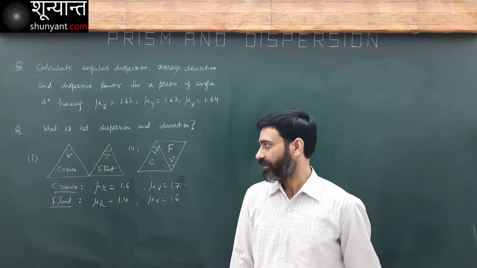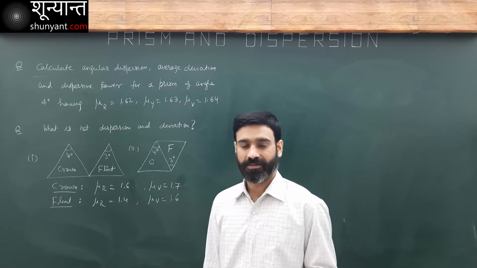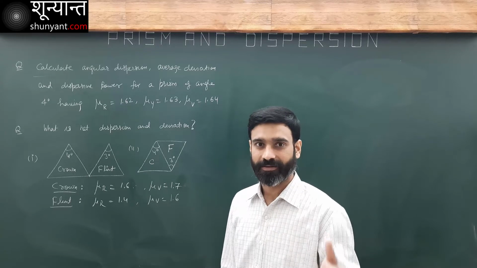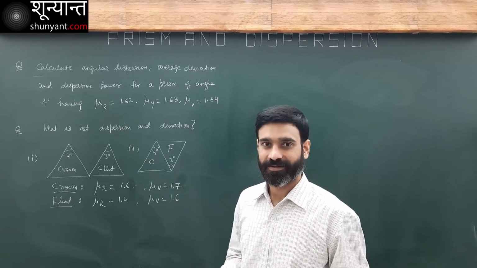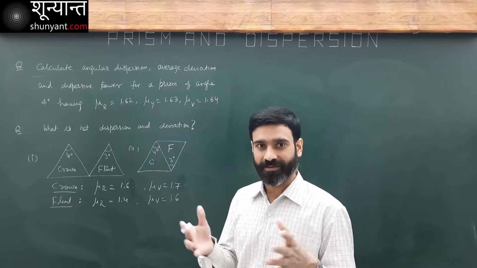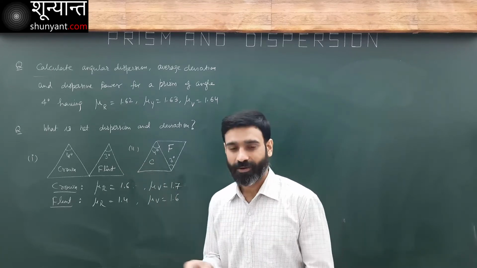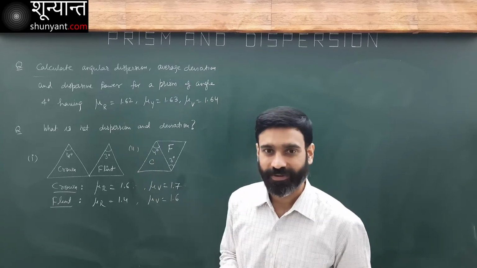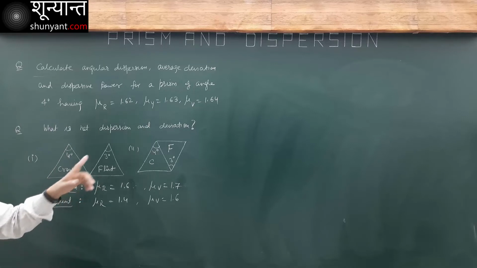What is crown and flint? Type of glass. It's kind of a brand. I have hundreds of types of glasses, hundreds of brands of glasses. So these two prisms are made of two different brands of glass. One glass is known as crown glass, and the other glass is known as flint glass.